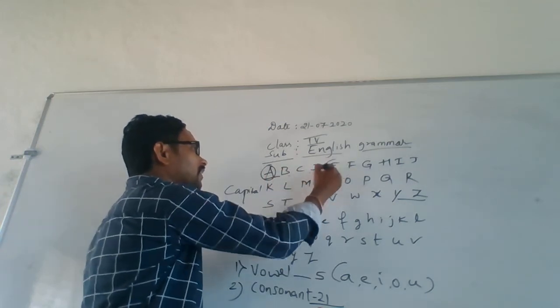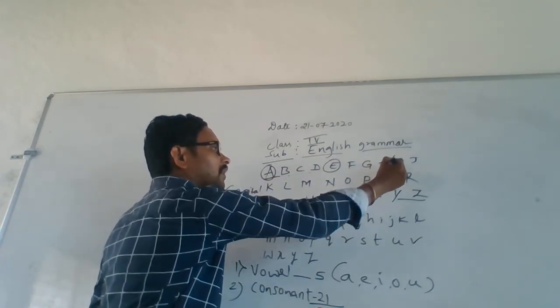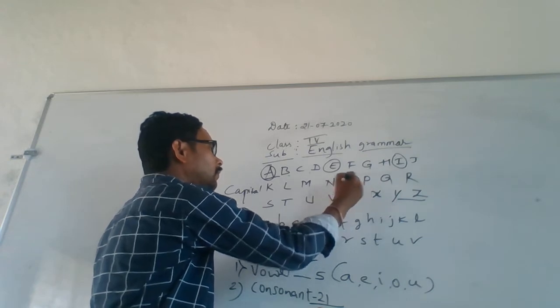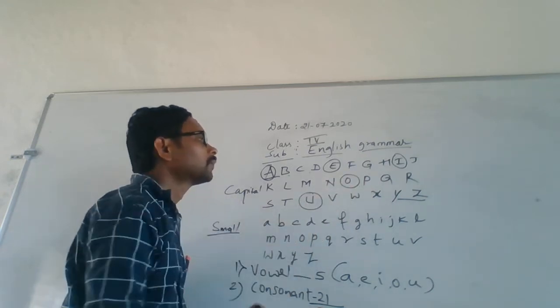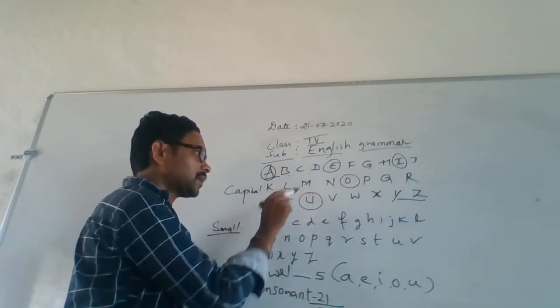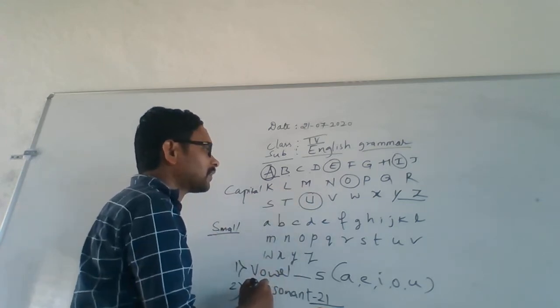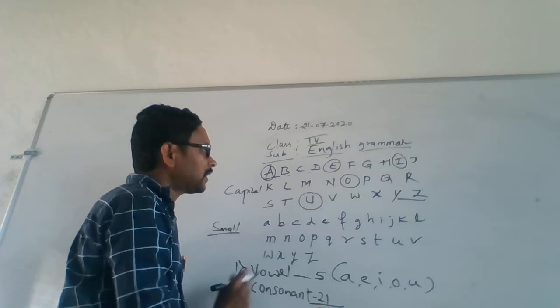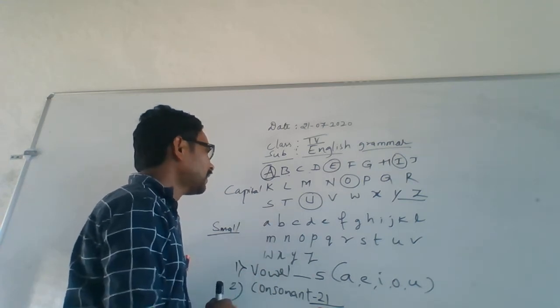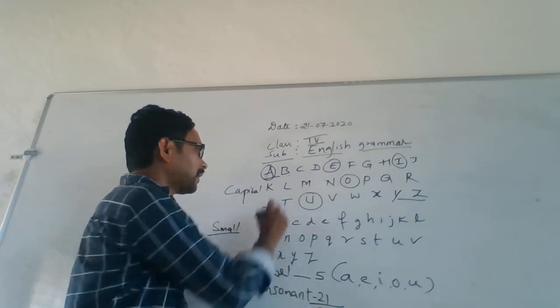A, E, I, O, U. Circle those words, those are vowels. What are the remaining letters called? Consonants.